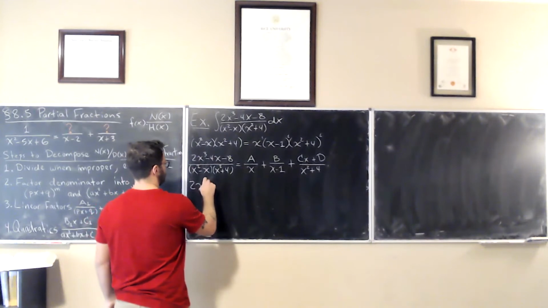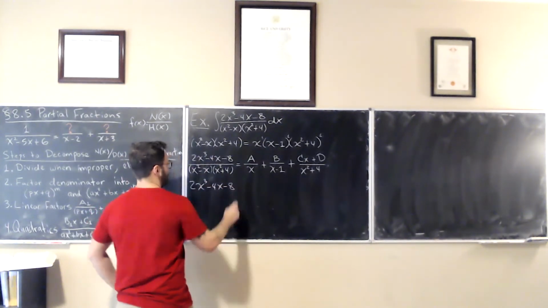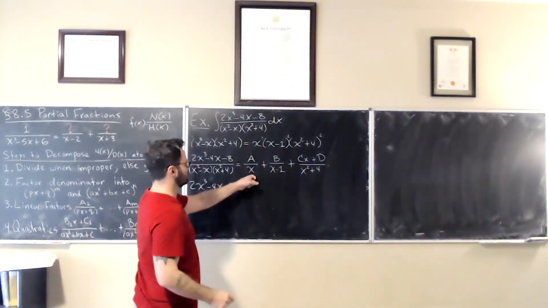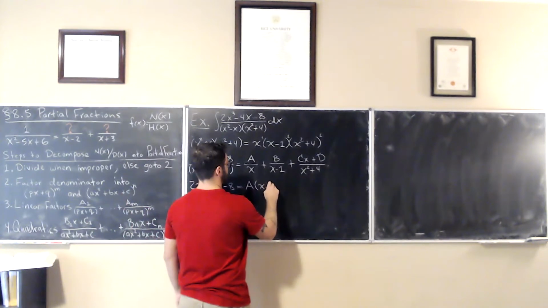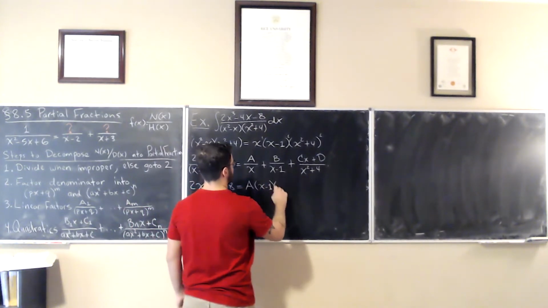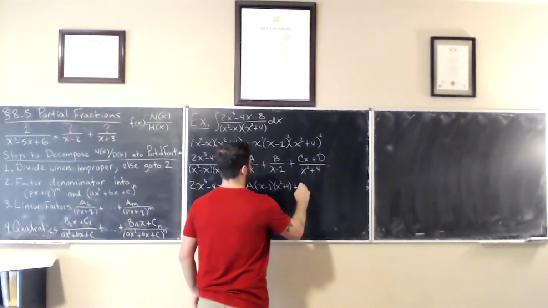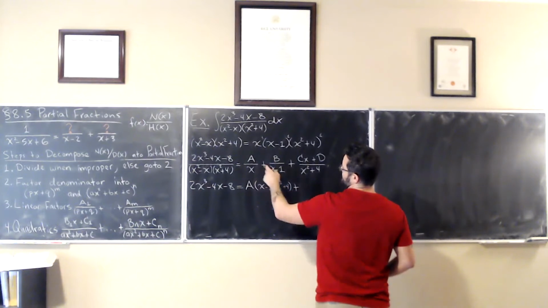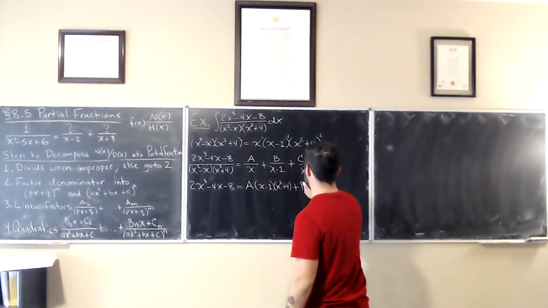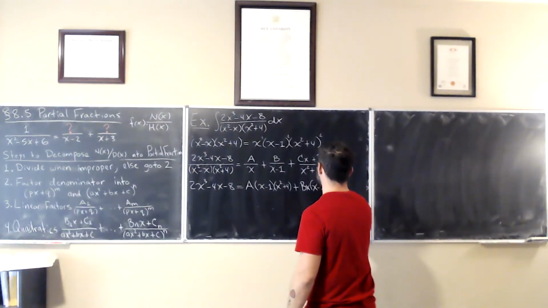So when we do that, we get the following equation. So x divides out, so you have a times x minus 1 times x squared plus 4. For this piece here, the x minus 1 divides out, so I'll have b times x minus 1.